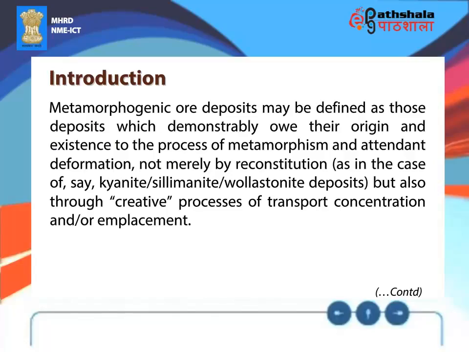Introduction. Metamorphogenic ore deposits may be defined as those deposits which demonstrably owe their origin and existence to the process of metamorphism and attendant deformation, not merely by reconstitution, as in the case of, say, kyanite, sillimanite, wollastonite deposits, but also through creative processes of transport, concentration and/or emplacement.